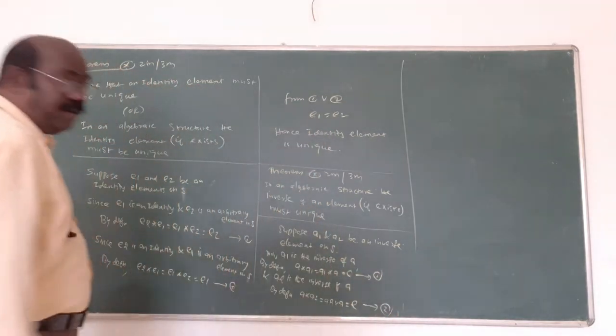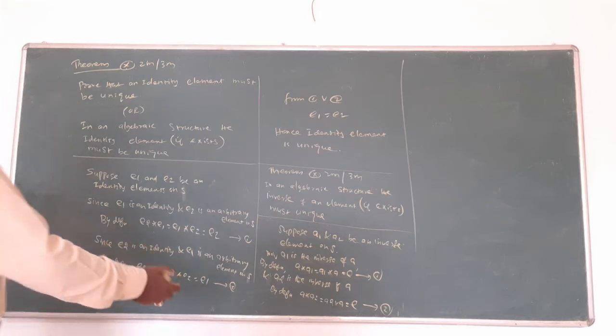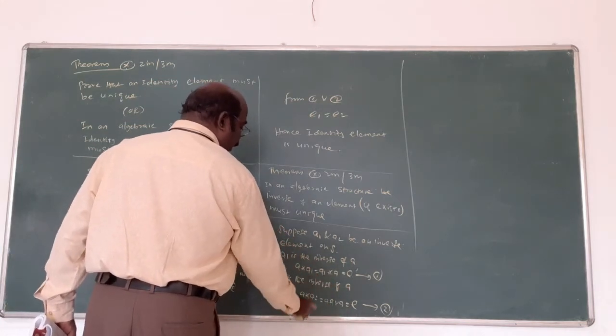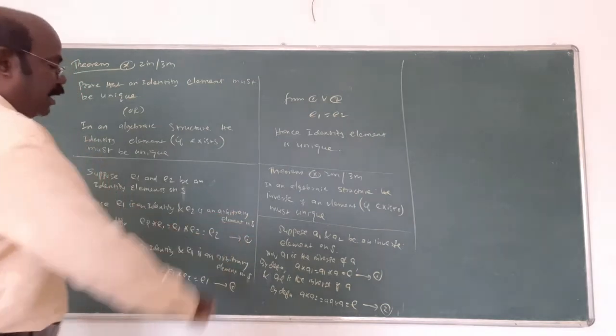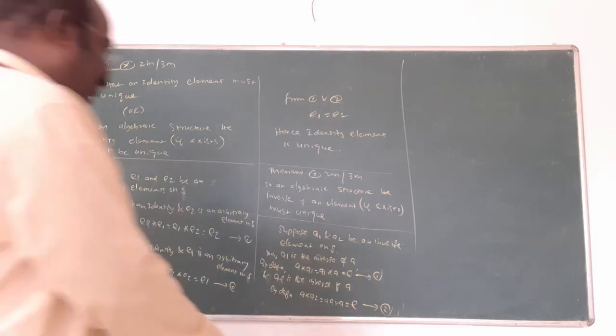Now we want to prove A1 equals A2. Previously, by comparing 1 and 2, we could answer directly. But here the left hand side is not equal, so we need to change something. That's why I start with A1.